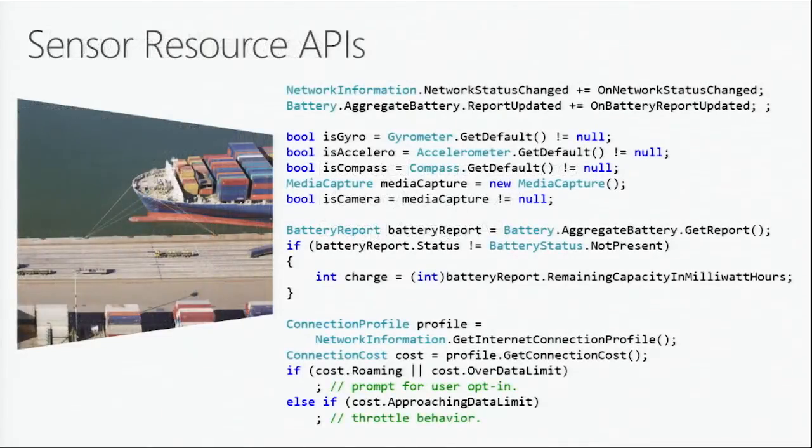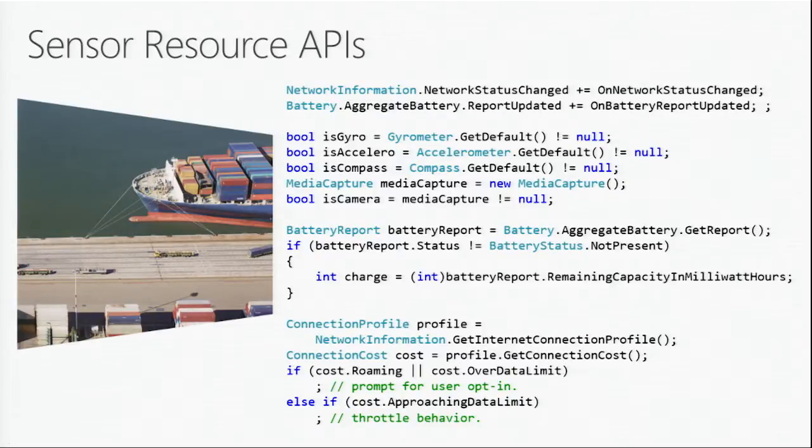Let's look at them. So here's some examples, and I've deliberately put a lot of things all on one slide here. These are examples of APIs that you would use to check whether you have access to a particular resource. And remember, these things can change. So at the top, there's an example of some events that you might want to listen to, like when the network status changes.